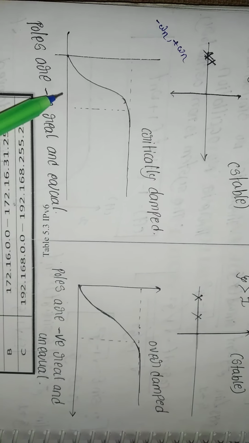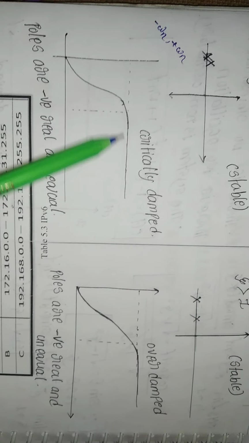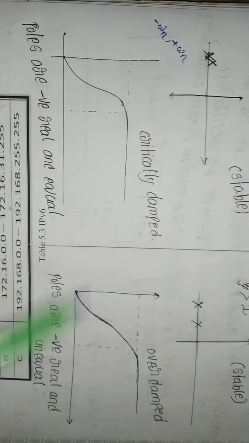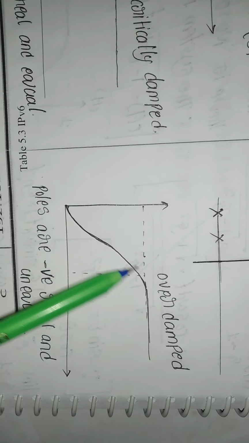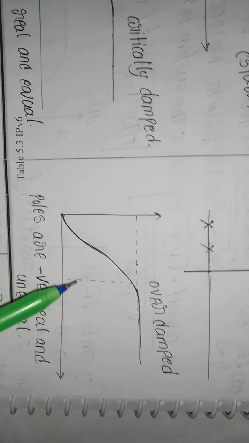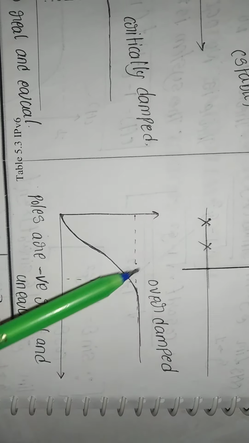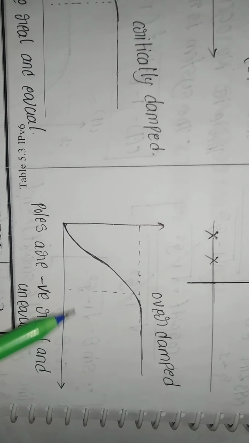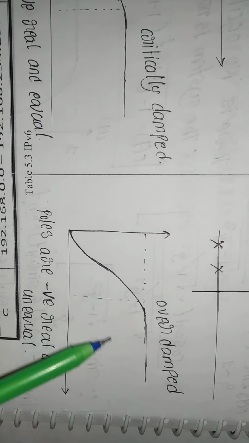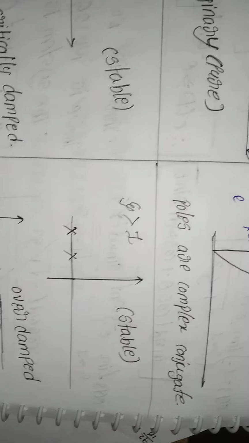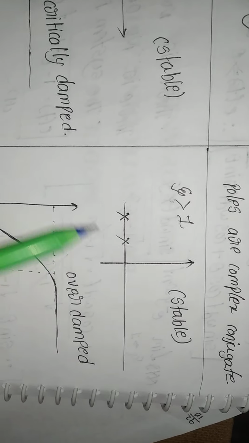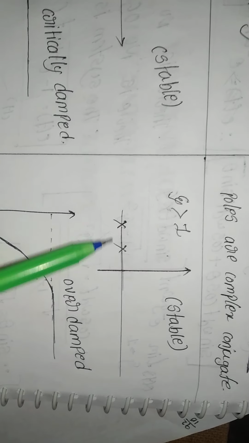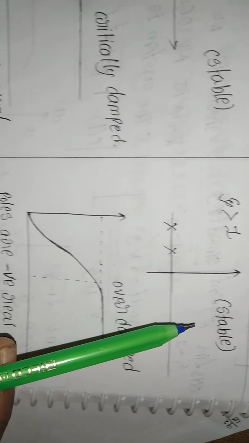In this case, the response takes more time to reach steady state than the critically damped. That's why it is called overdamped. In this case, there is no oscillation, so it is also called a non-oscillatory response. In this case, the poles are negative, real, and unequal. It is also considered a stable system.